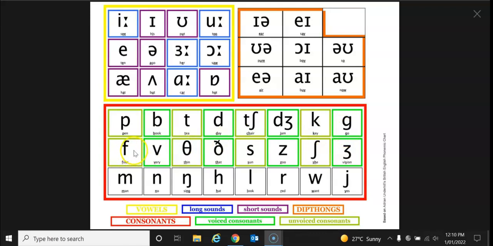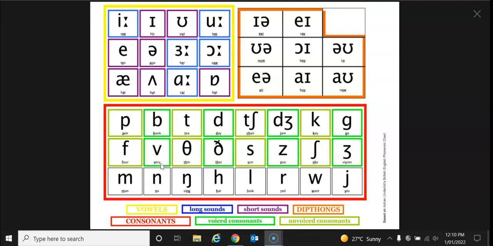Next pair, this one is unvoiced and it is f, f as in for. Add your voice and you have the next one, v, v as in very.